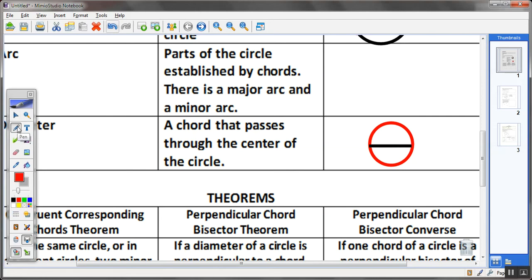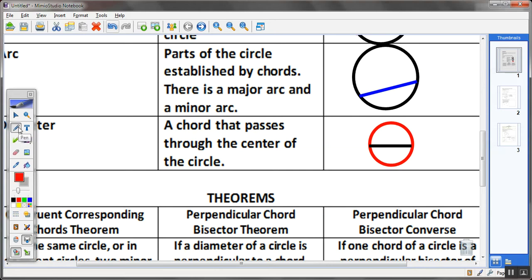And then, guys, arcs. Arcs are parts of the circle established by what? Okay? If I had a circle right here, and I had a chord in it right here, like so, is the major arc above or below that? And where's the minor arc established by that?